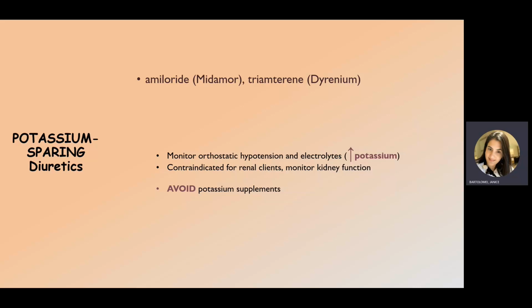And if it's high, you want to hold it. It is also contraindicated in kidney patients. And we got to monitor those kidney functions very often, just like we do with the loops and the thiazides.